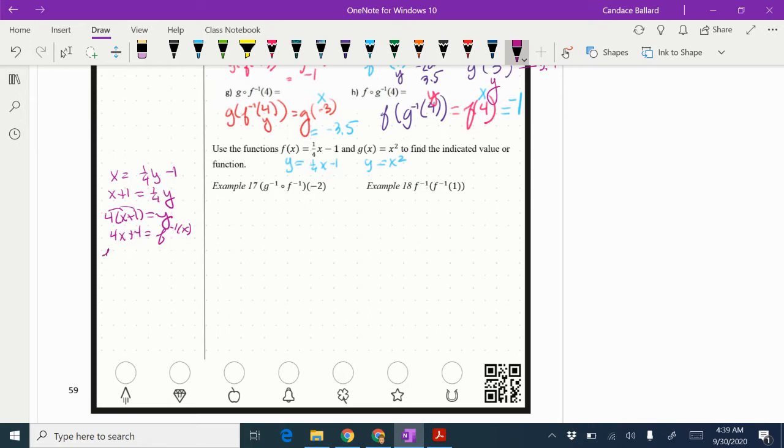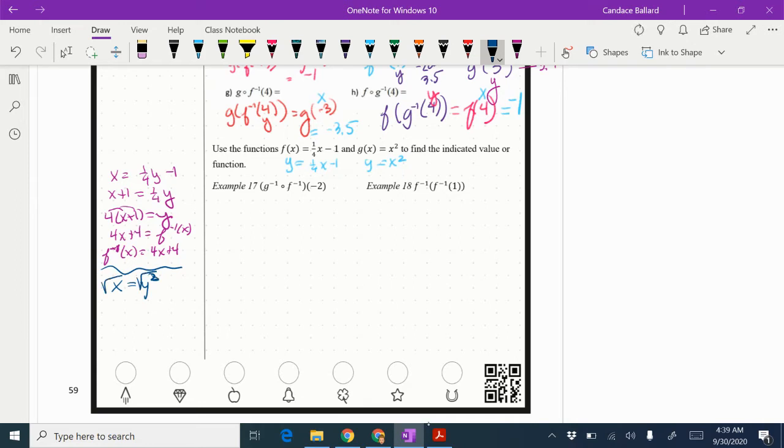Sometimes we don't like looking at it like that. You don't have to do this step, but you can if you want to reverse it to the other side of the equal sign. So that's what f inverse looks like. Now I'm going to do g inverse. I'm going to switch my x and my y, which would be x equals y squared. And then I'm going to undo the squared by taking the square root.